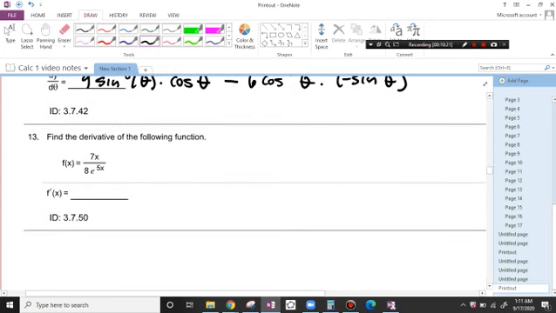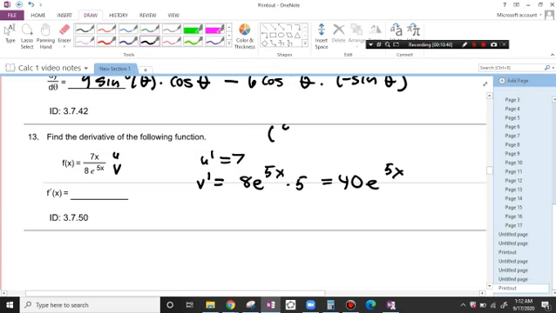Quotient rule, that's u, that's v. U prime is 7, v prime is 8e to the 5x times the derivative of 5x, which is 5. That's 40e to the 5x. The derivative of u over v is v times u prime minus u times v prime all over v squared.